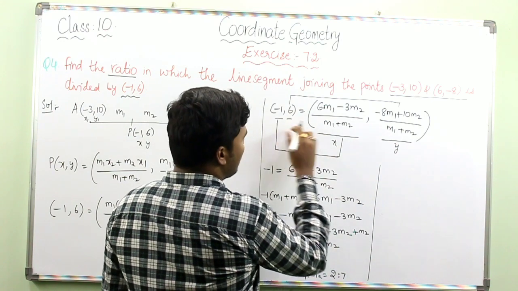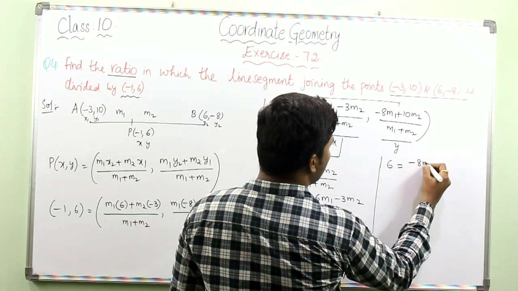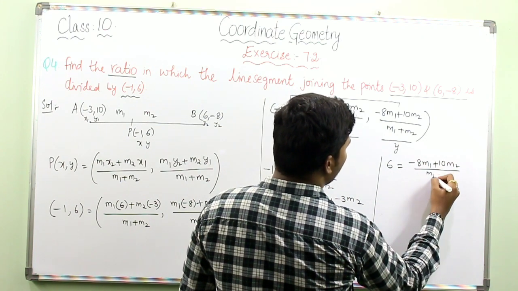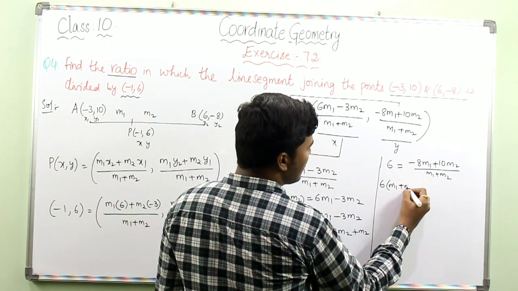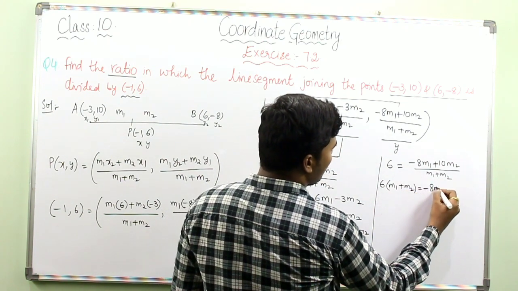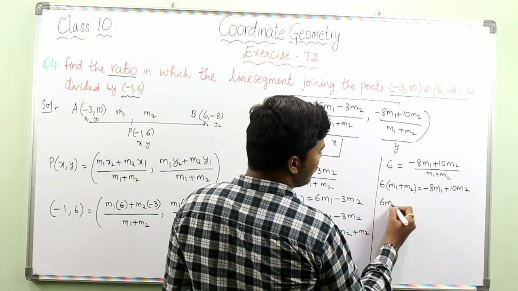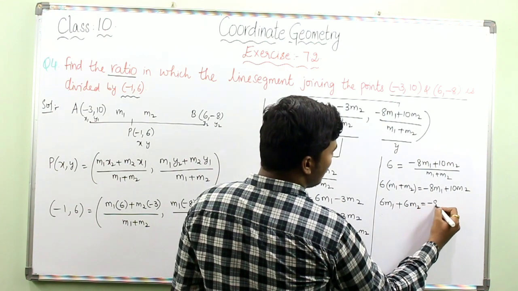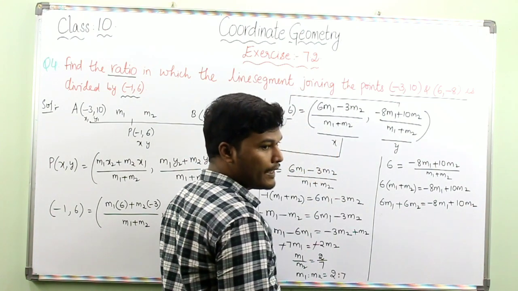Similarly, let us check for the other side, that is 6 is equals to minus 8m1 plus 10m2 by m1 plus m2. So 6 into m1 plus m2 is equals to minus 8m1 plus 10m2. So 6 into m1 will become 6m1, 6 into m2 will become 6m2 is equals to minus 8m1 plus 10m2.